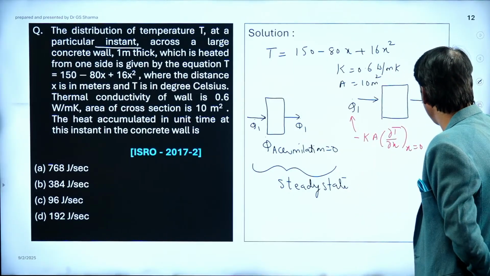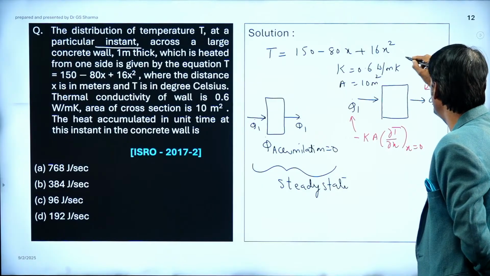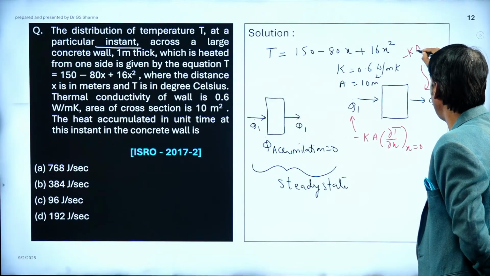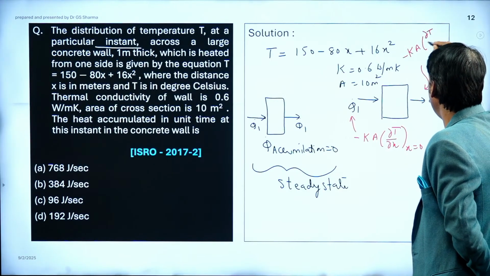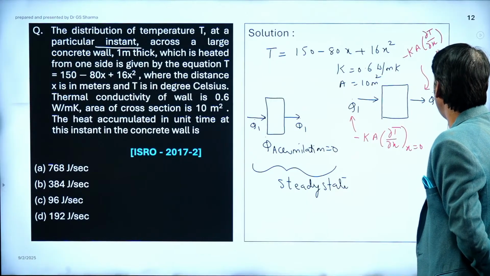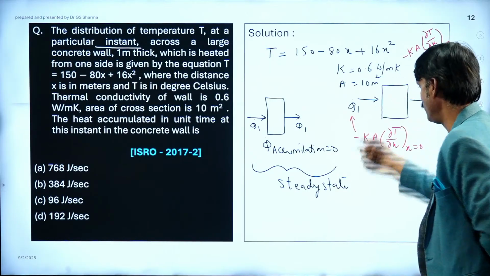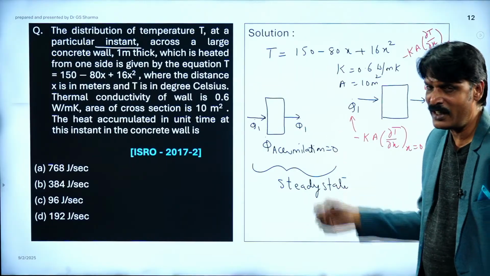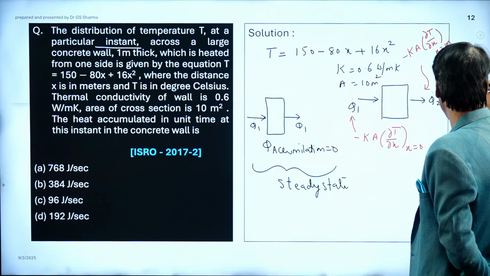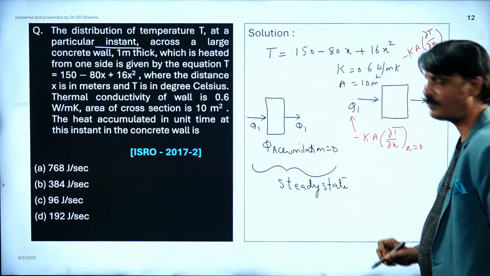And this value of Q dot 2 is written as minus Ka dou T by dou X at X equal to 1 meter. That's all. If I take the difference, I'll get the answer.